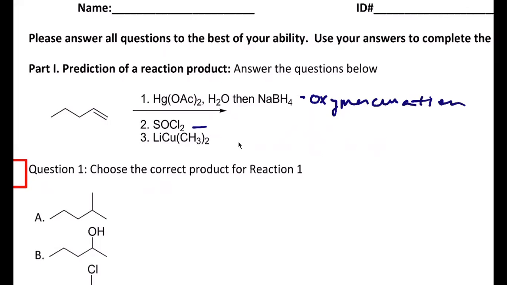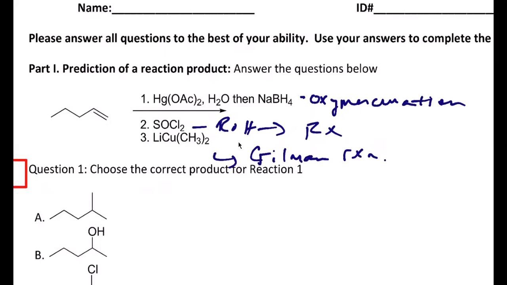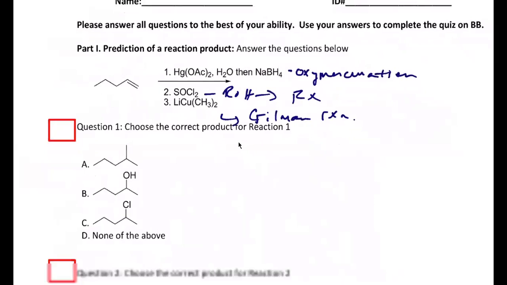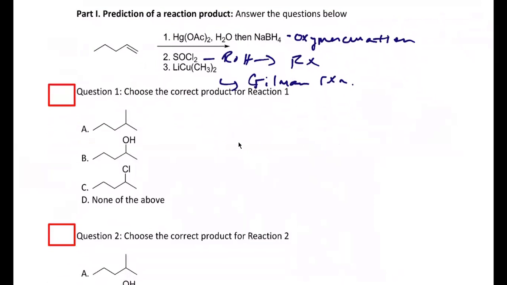Second reaction is conversion of an alcohol to an alkyl halide, and then the third reaction is an organometallic reaction. It's a Gilman reaction. So what's the product from the first reaction? You got three choices. I didn't even make you have to draw it.